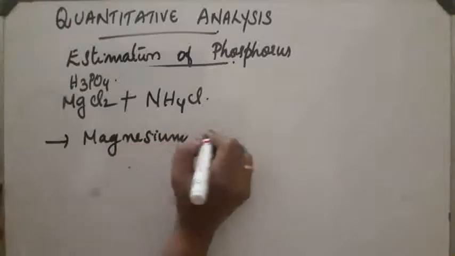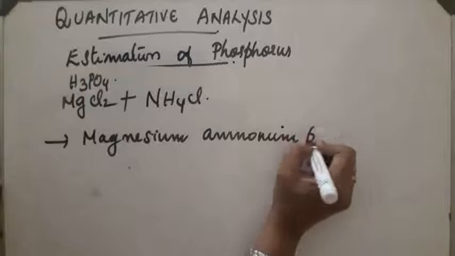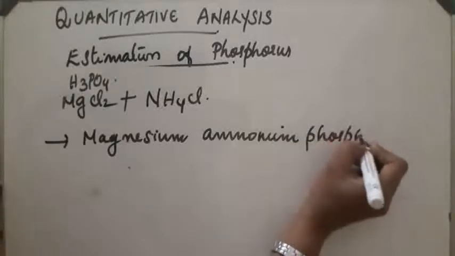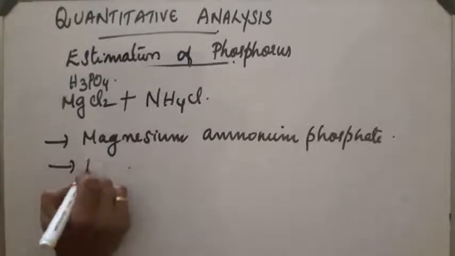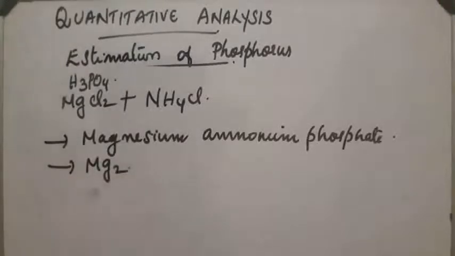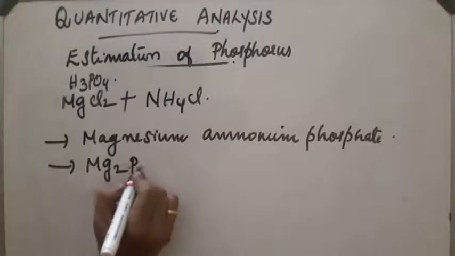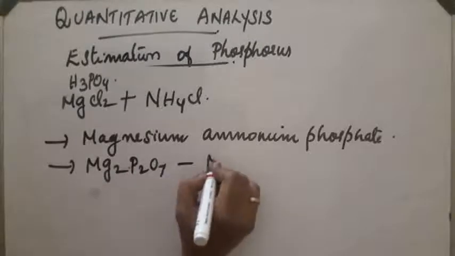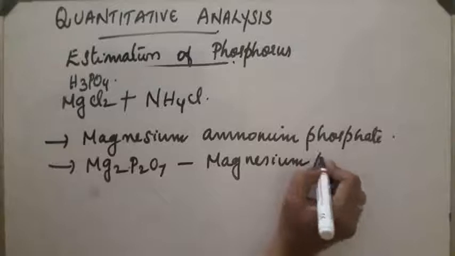Now we have to weigh the compound. This magnesium ammonium phosphate is again heated. It gets converted into magnesium pyrophosphate, Mg2P2O7.